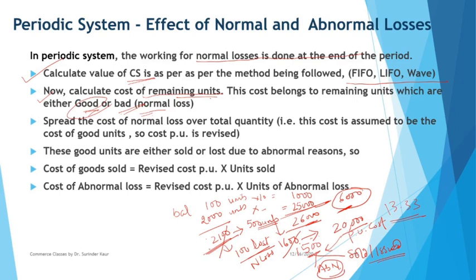So we'll spread the cost of normal loss over the total quantity. Then the good units will either be sold or disposed of due to abnormal reasons. So the cost of goods sold and the cost of abnormal loss is separately calculated.